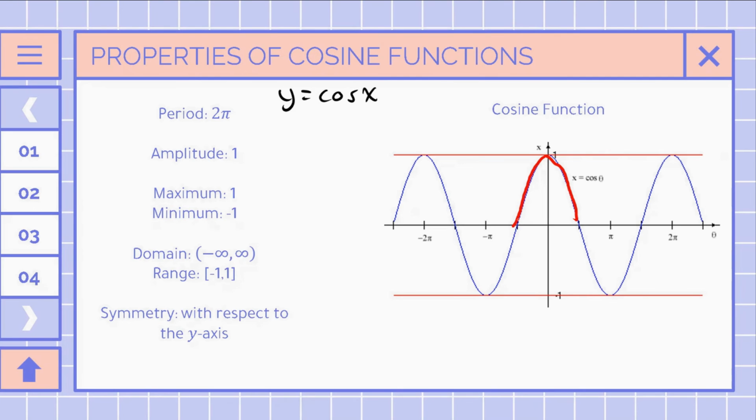It's just a reflection. This goes like this. Same thing here, it goes the opposite way. So that's how you can tell the graph is symmetrical. And the cosine function is an even function, which helps you with the symmetry as well.